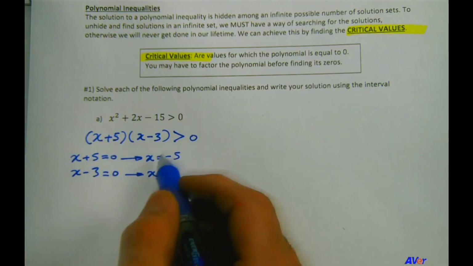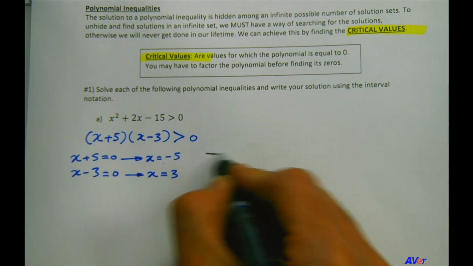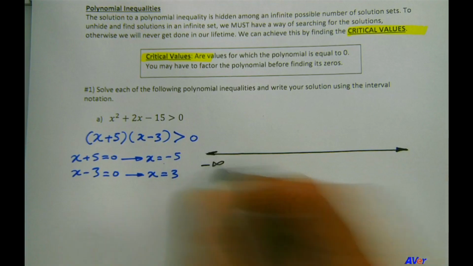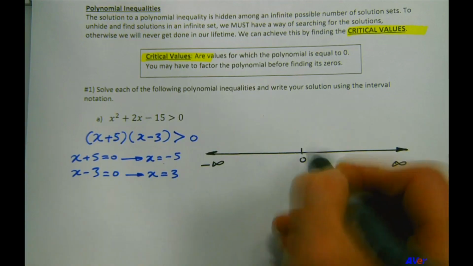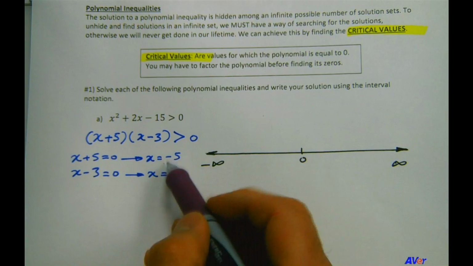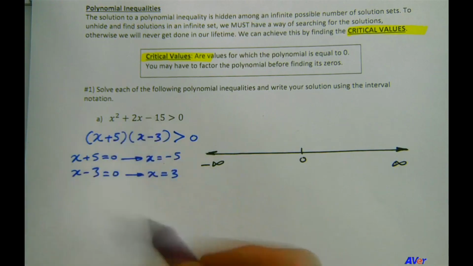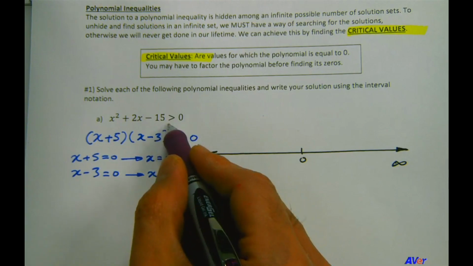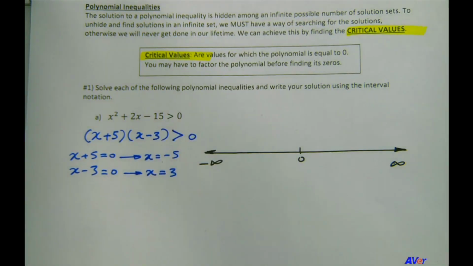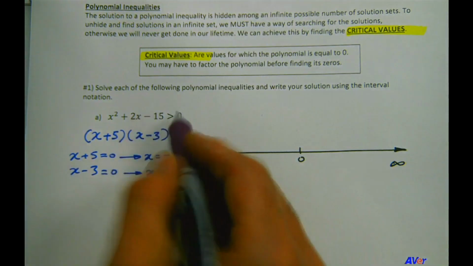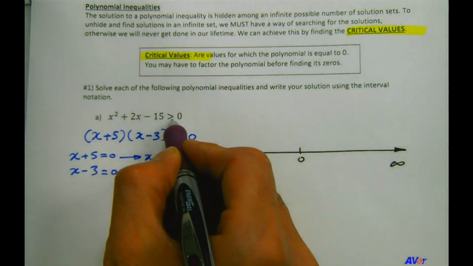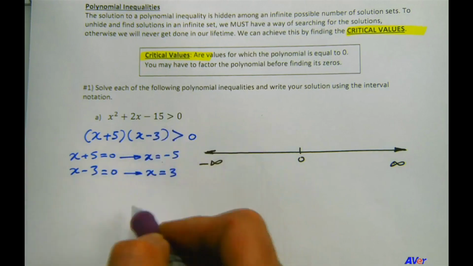Okay, so now let's draw a picture to make these things clearer. Negative infinity to infinity, with the 0 in the middle. These two numbers will make this polynomial equal to 0. But according to this inequality symbol, is 0 an acceptable result? No, because the left side cannot be equal to 0. Otherwise, we would have an equality symbol right underneath this inequality.